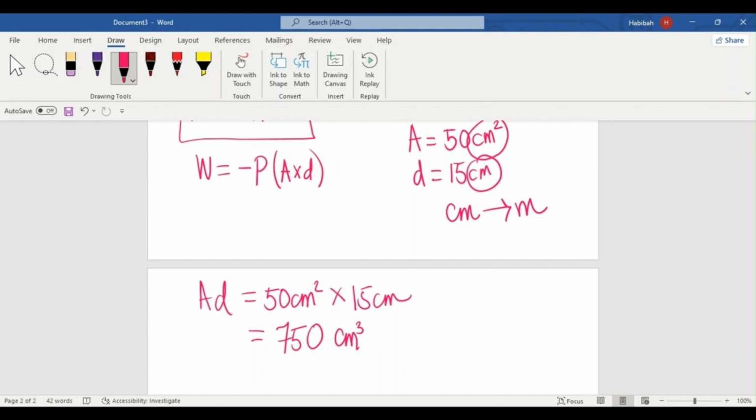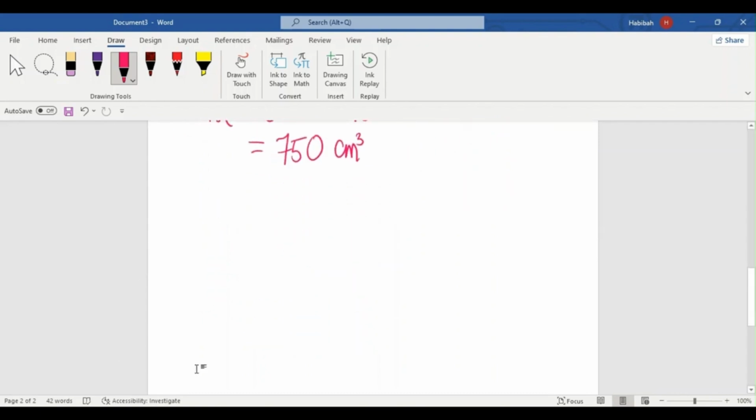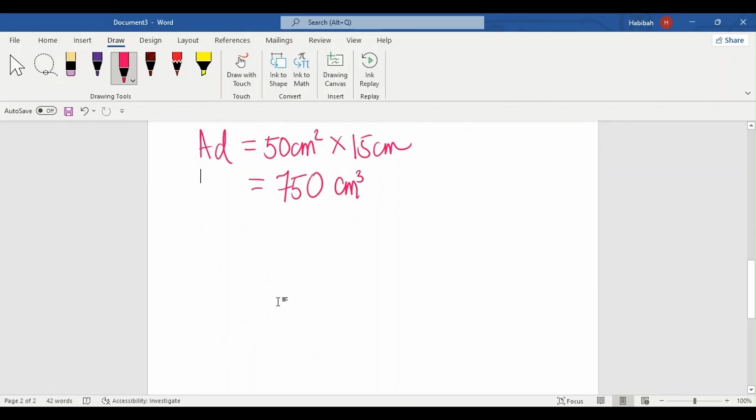So we go now from centimeter cubed to whatever meter cubed is, right? Let's not forget that 1 meter is actually equal to 100 centimeter. So if we're trying to go from centimeter cubed to meter cubed, we now have to cube the standard information here.